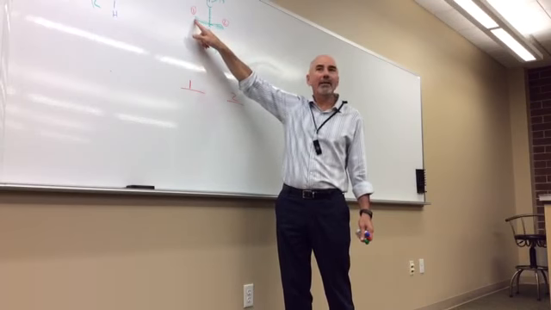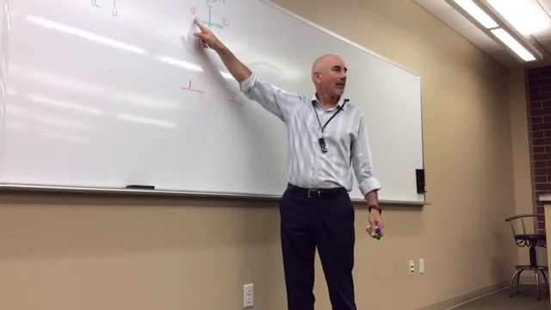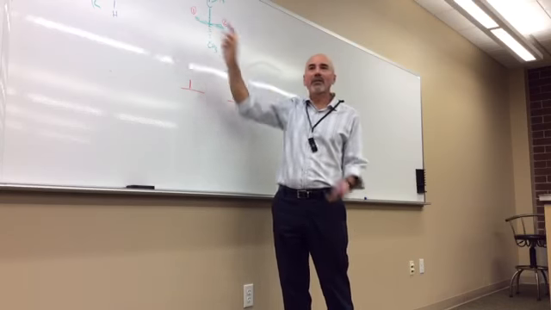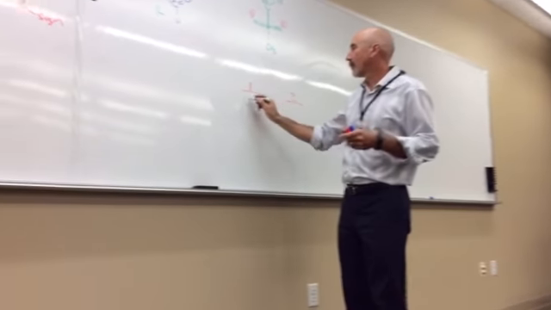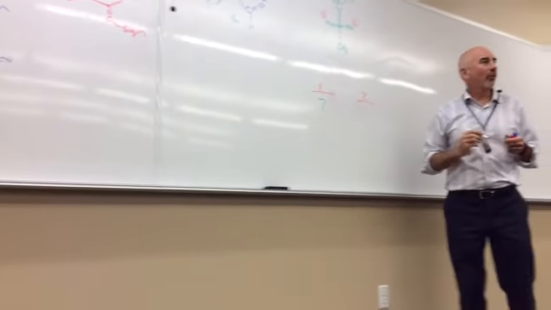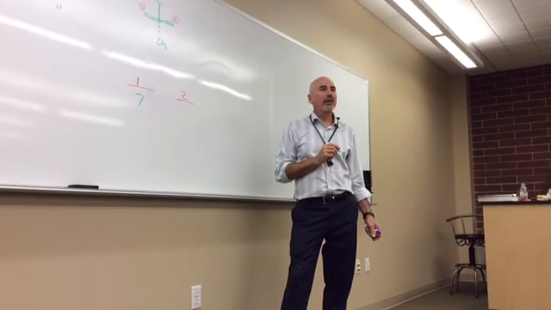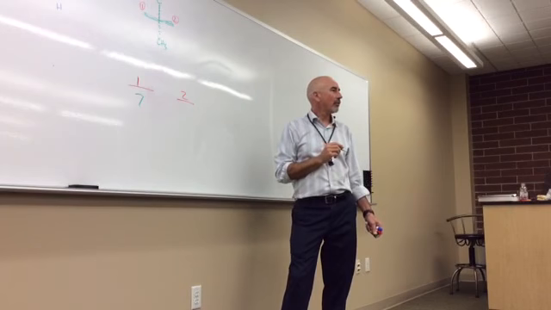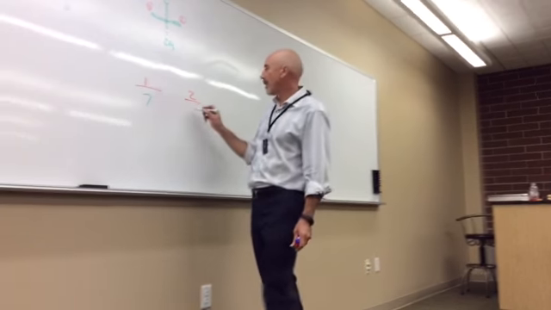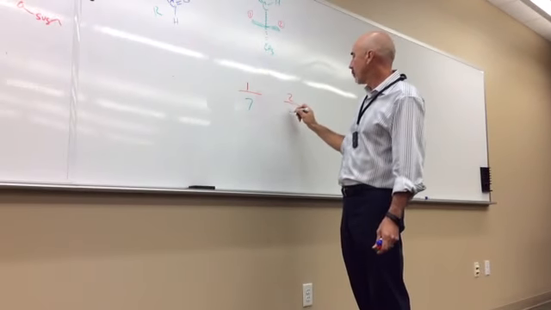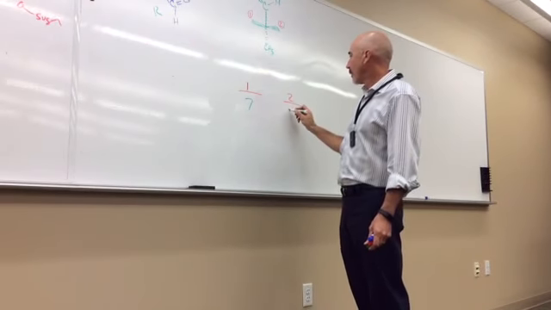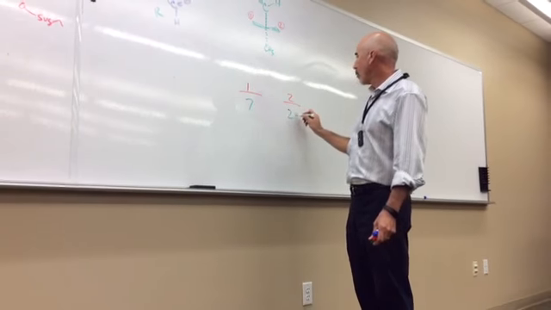Raise them high. So we got 1, 2, 3, 4, 5, 6, 7. Number 2: 1, 2, 3, 4, 5, 6, 7, 8, 9, 10, 11, 12. About, I don't know, we'll say about 24.